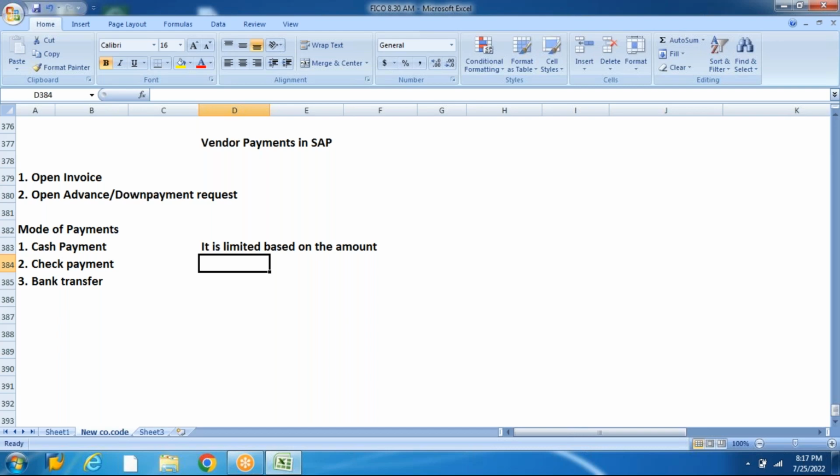Second one, there will be no record if you are issuing cash. Third point, there will be legal implications, because up to 49,000 or up to 50,000, there is no restriction. You are free to do any transaction.